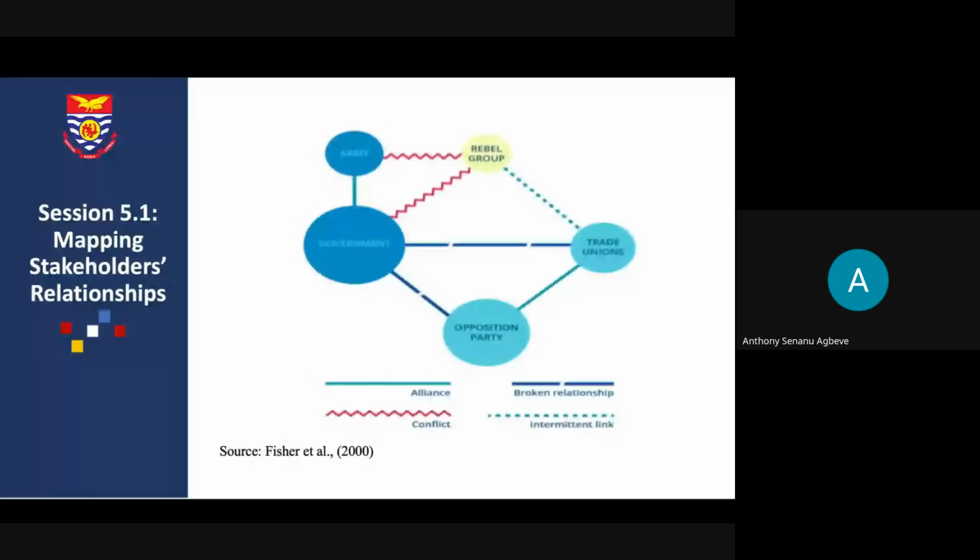However, when it comes to the rebel groups, it's a conflict relationship, because you do not expect rebel groups like Boko Haram and others to be in an alliance with the government, because these are designated terrorist organizations that are destroying infrastructure, killing people and all that.